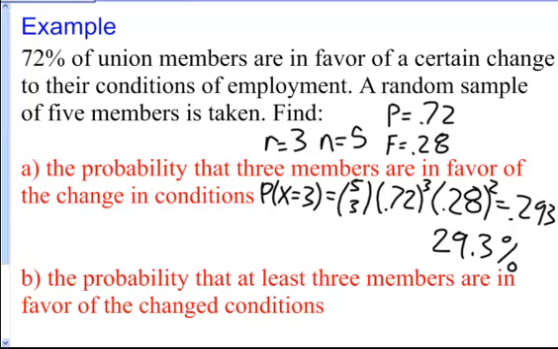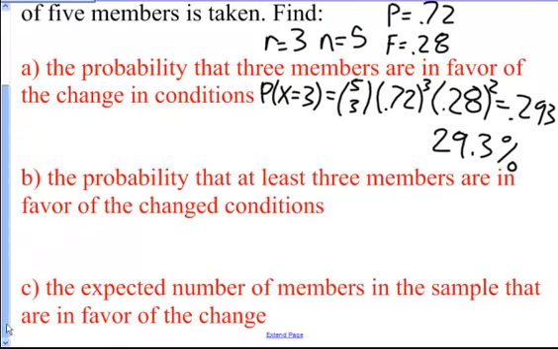Okay. Now, the next question asks the probability that at least 3 members are in favor of the change. We could either add up the probability that 3, 4, and 5 are in favor, or we could do 1 minus the probability that 0, 1, and 2 are in favor.